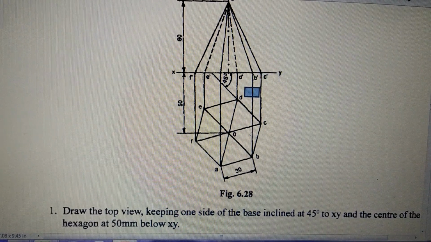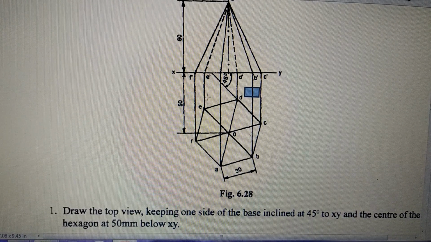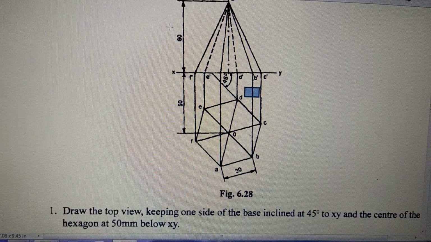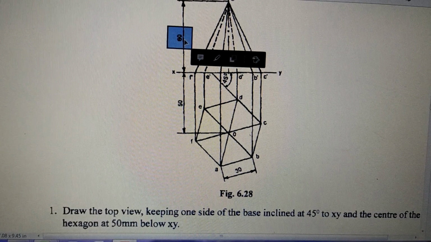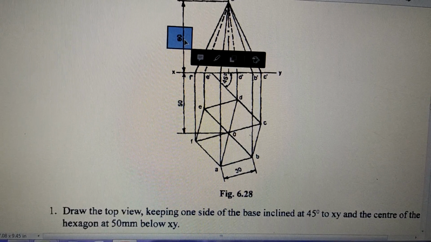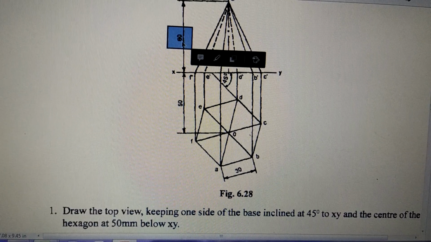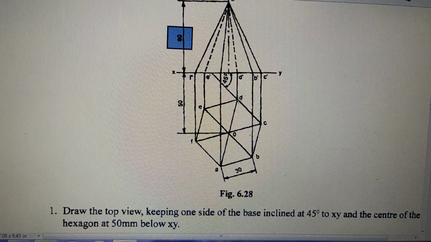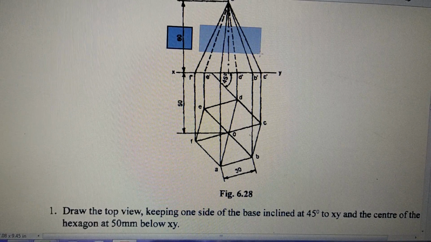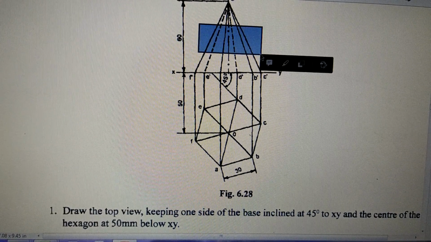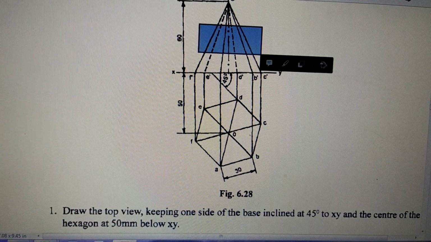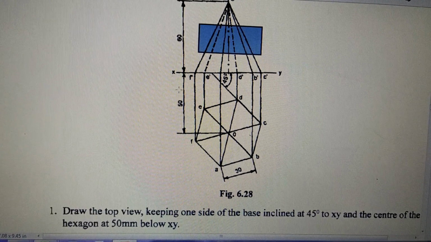So all these reference lines you have to draw as light lines. Similarly, the dimension lines also you have to draw as light lines. They should not catch the attention. Our attention should not go to the dimension line first. Our attention should go to the actual object. So this hexagonal pyramid we have to draw properly, dark, so that your focus will be on this and other things will be seen, but they are relatively secondary.